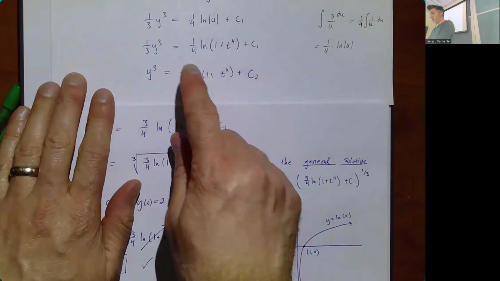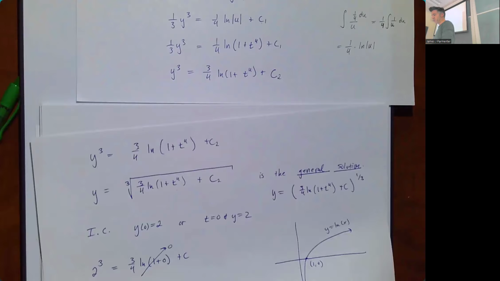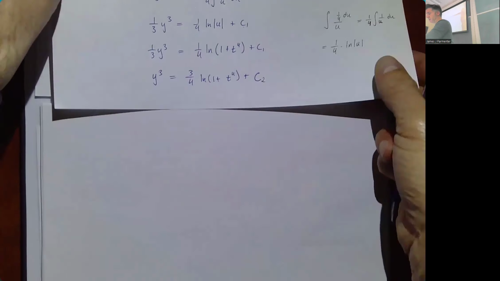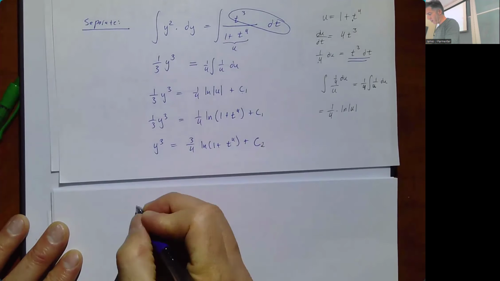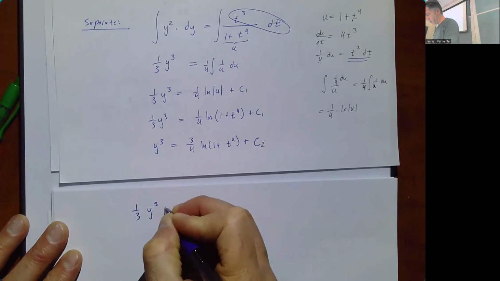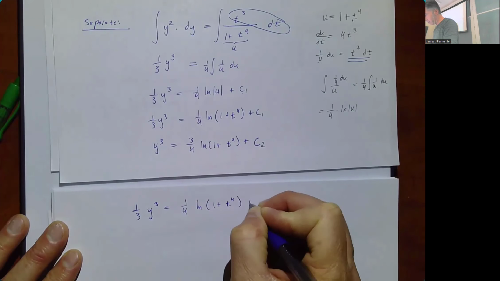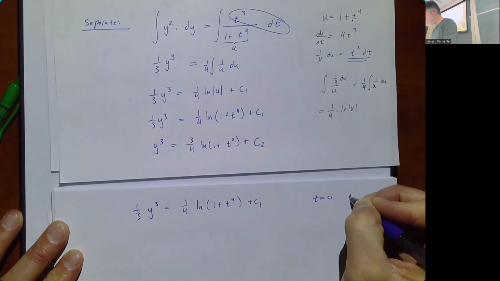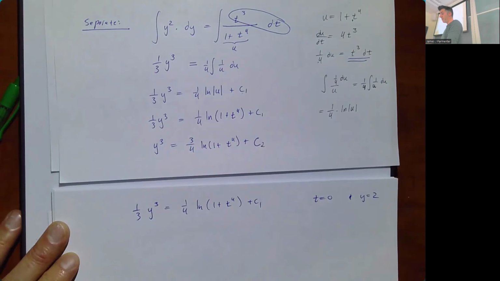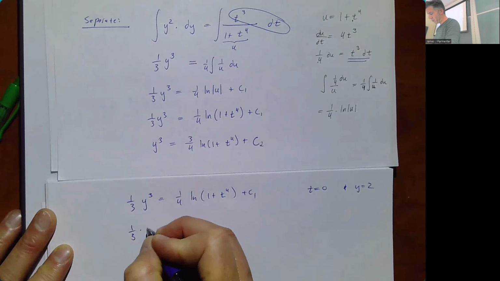But I could have solved for C1 right here, and if I had, here's what would have happened. If instead I solve for C1 right there, where I have 1/3 y cubed equal to 1/4 natural log of 1 plus t to the 4th plus C1, and I plug in t equal to 0 and y equal to 2, look what happens. On the left-hand side, I get 1/3 times 2 cubed.